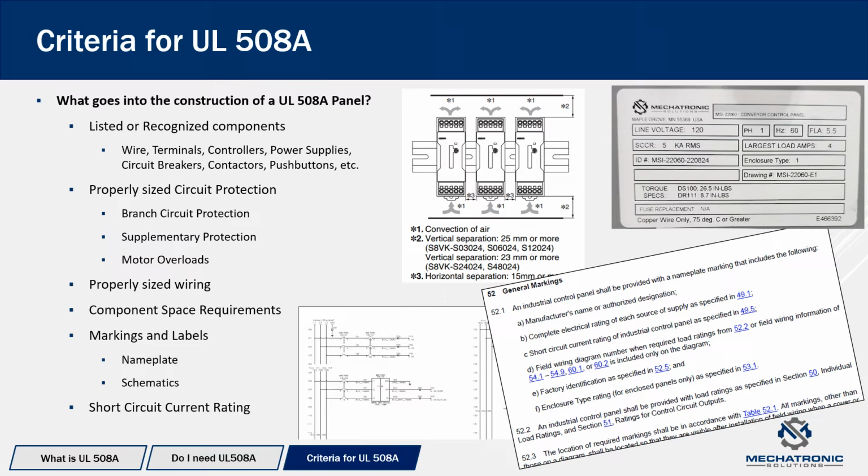But those components are going to be your wire, your terminals, controllers, all those individual devices. We need to make sure that we have properly sized circuit protection. We need to know the difference between branch circuit protection and supplementary protection, properly sized motor overloads, properly sized wiring, and not just properly sized, but properly marked.